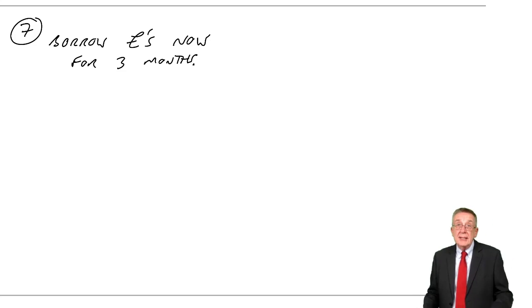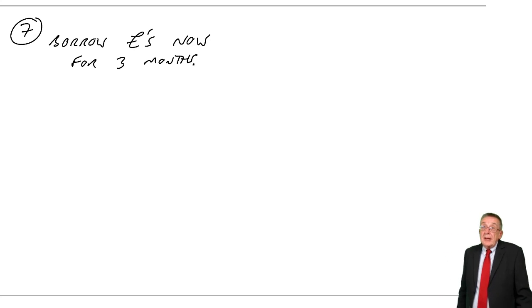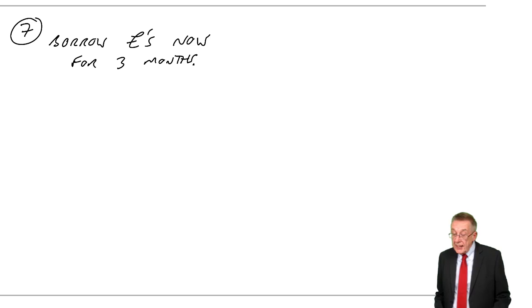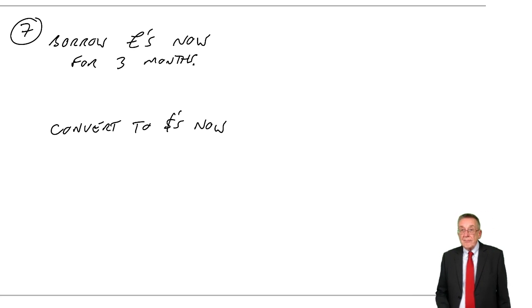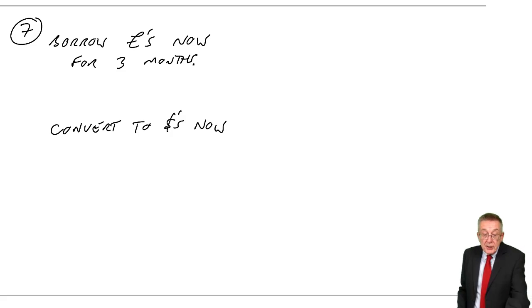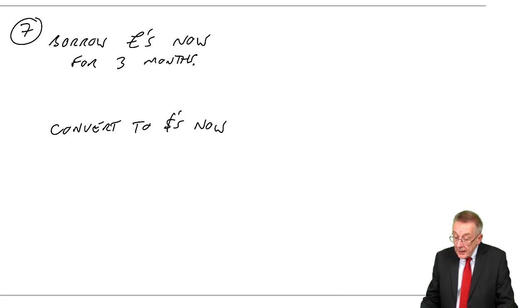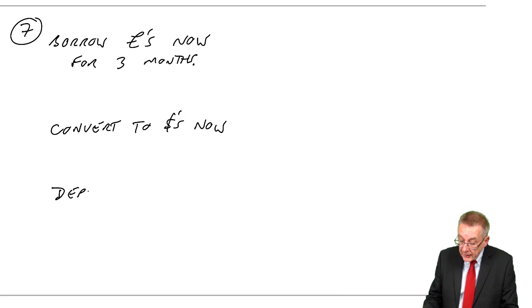You know, we're not due to pay until 3 months. So rather than have to pay early, I'll borrow some pounds now for 3 months. We'll convert to dollars now. I've got dollars now, but I don't want to pay the customer early. So we'll then deposit the dollars for 3 months.